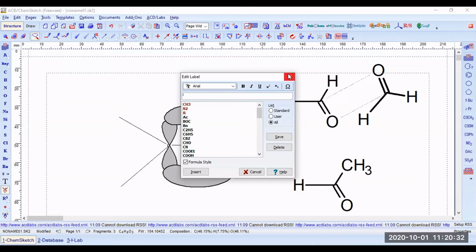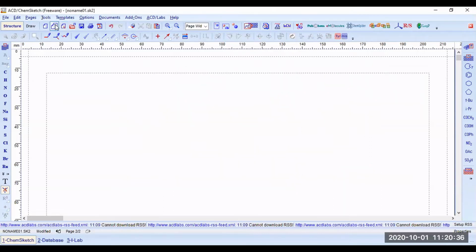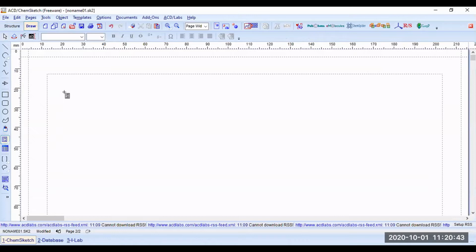And now we will go for the preparation methods. What are the preparation methods for carbonyl compounds? First, we'll see the headings. The first one is from acid chlorides.